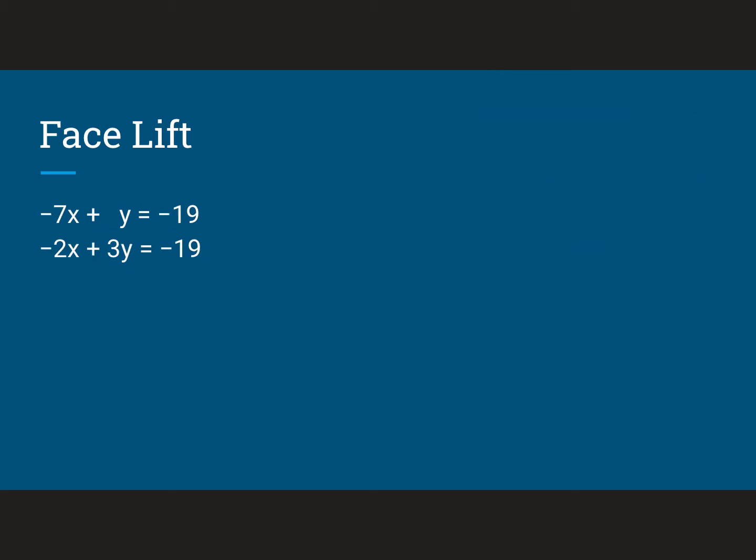Okay, let's try another one. In this case, I'm going to multiply my top equation by negative 3. That will give me negative 3 times negative 7x is 21x minus 3y equals 3 times 19 is 57.